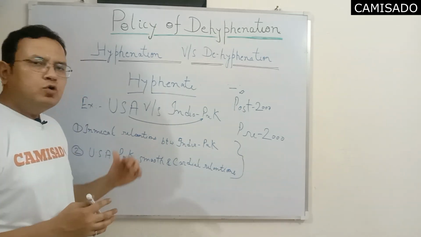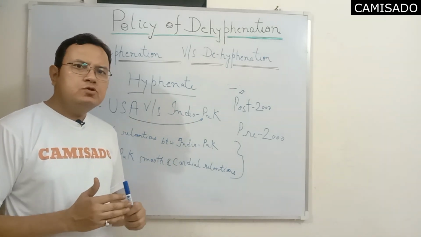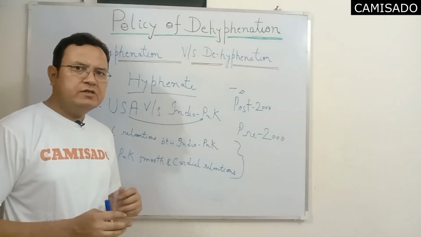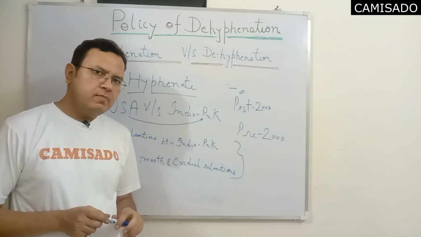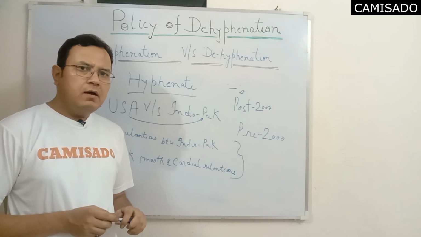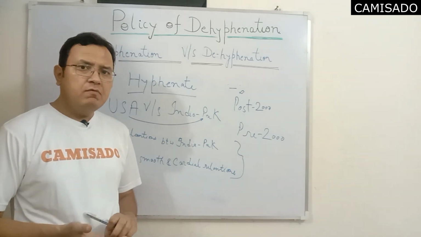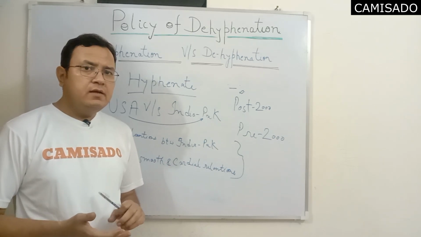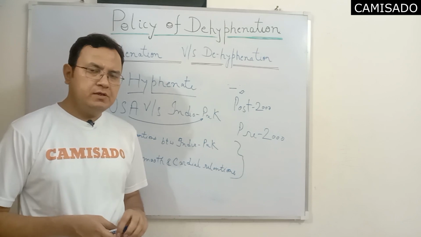But in the post-2000 scenario, the US leadership was compelled to review their policy of hyphenation towards India and Pakistan because of certain reasons. One of them was India's growing stature as a major economic and military power. Apart from that, India as a potential market for American products and multinational companies.